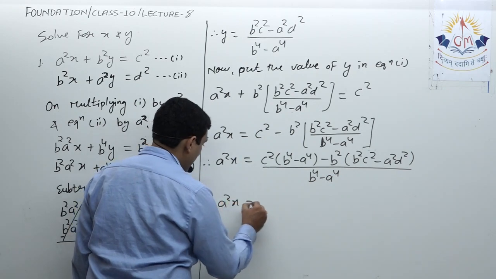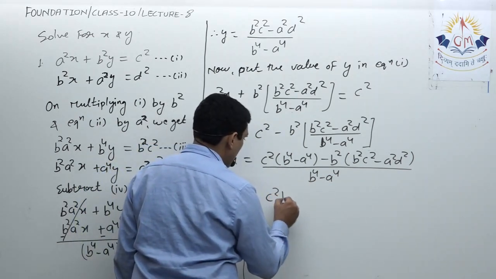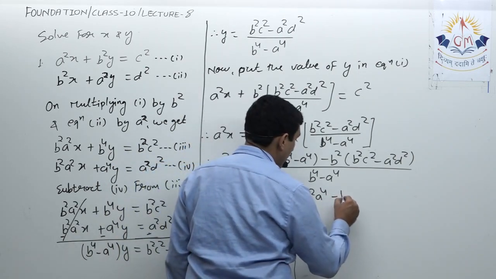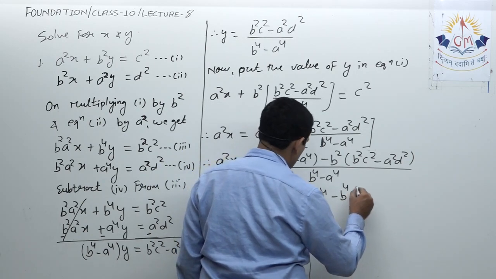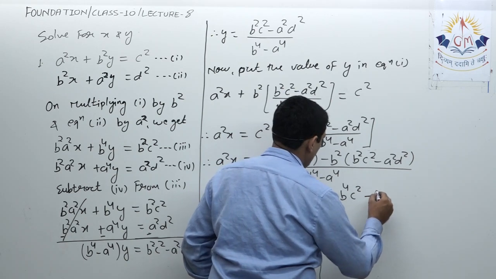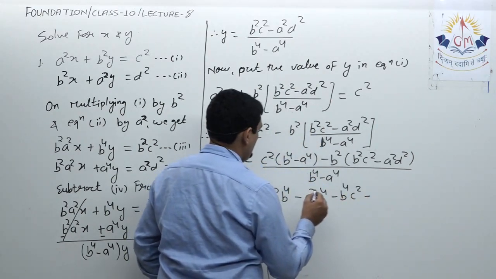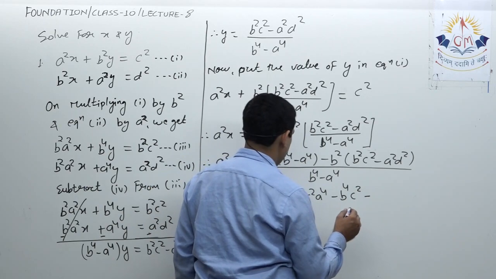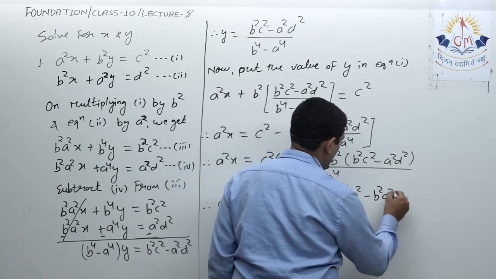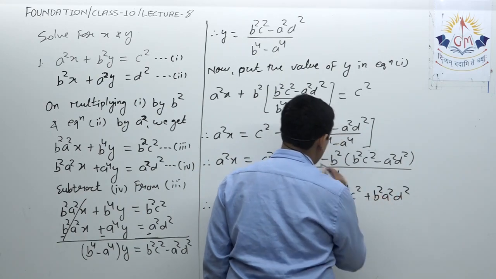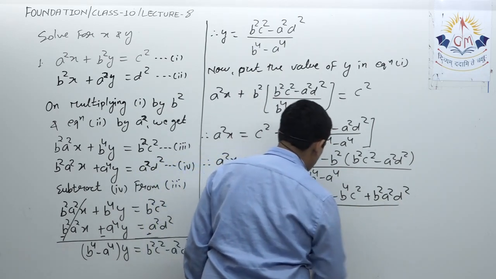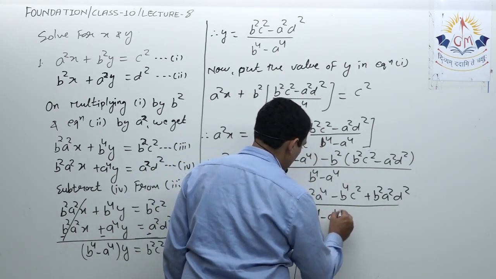So a square x is equal to c square b raised to 4 minus c square a raised to 4 minus b raised to 4 c square plus b square a square d square, divided by b raised to 4 minus a raised to 4.